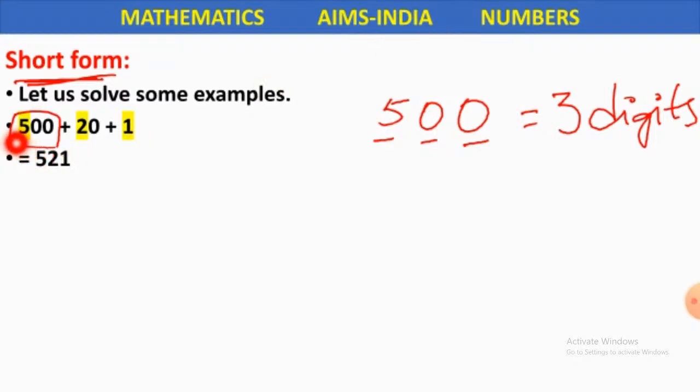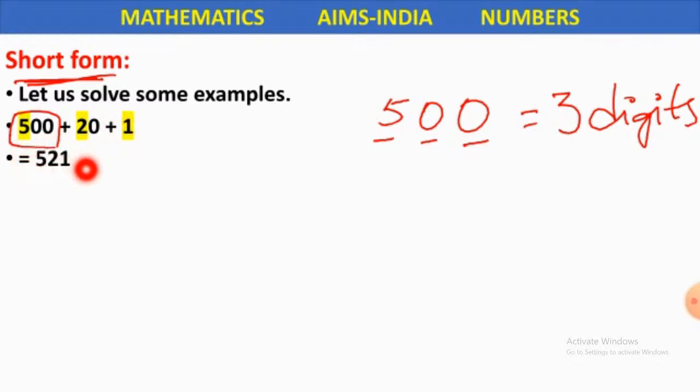Like again, as we have done with general knowledge, we took the first letter of general, which is G, and the first letter of knowledge, which is K, and put together GK, the short form for general knowledge. In the same way, here we will take the first digit of each number: 5 from 500, 2 from 20, and 1.